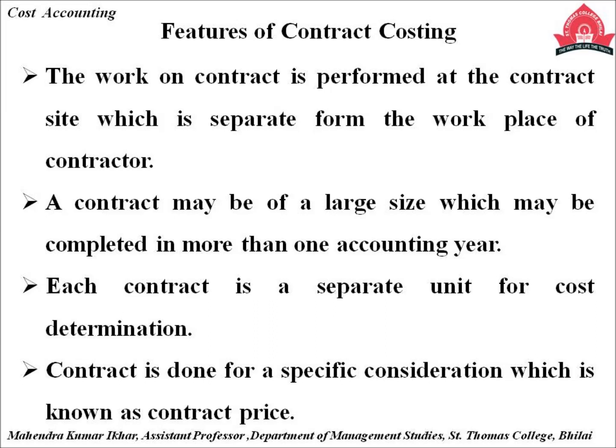And a contract is done for a specific consideration. That consideration is generally known as contract price, which is decided at the very initial stage in the conversation between the contractee and the contractor.